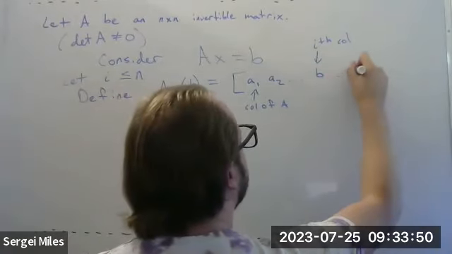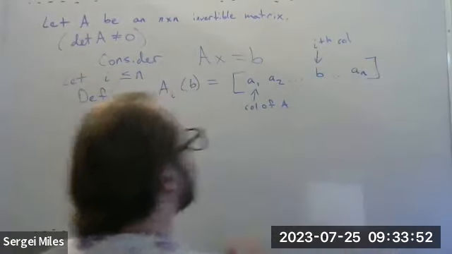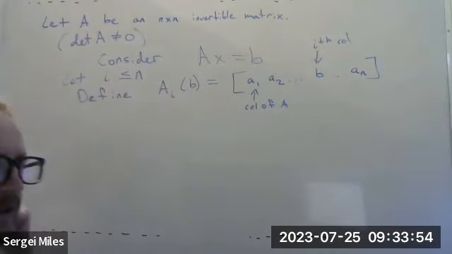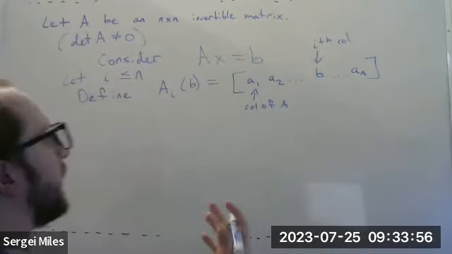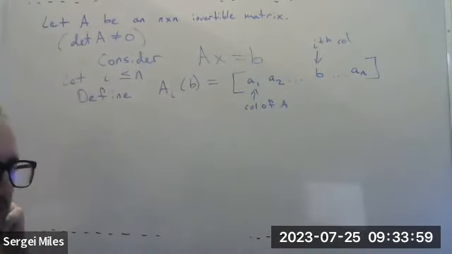And then I'm going to fill in the rest of the matrix just like I normally would, right? So A1 through An, these are the original columns of A.